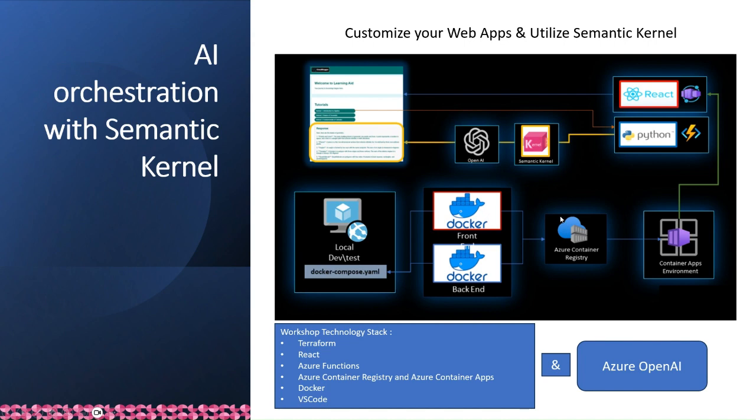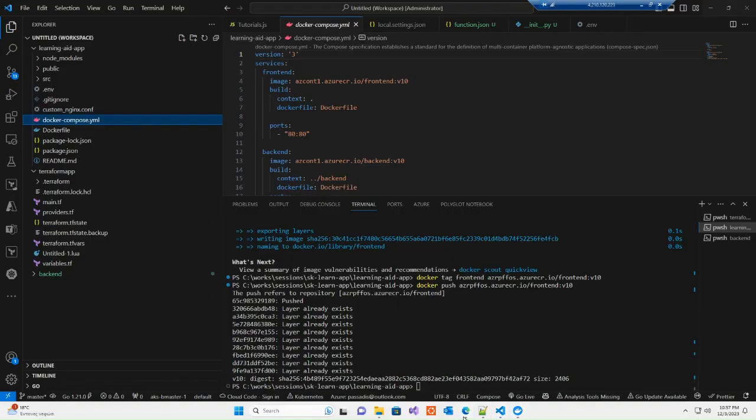The front end, which is a React app, is created and pushed to Azure Container Registry as a Docker image, and then it is pulled from the Container Apps environment. The Container Apps environment is creating a new application, which is the Learning Aid app that we just saw. The user is presented with the interface that we saw and we are seeing right now.